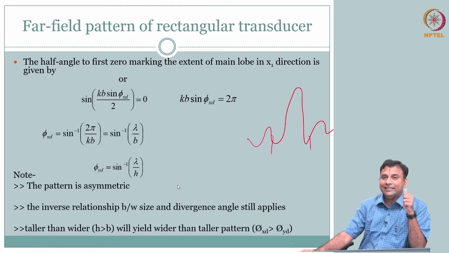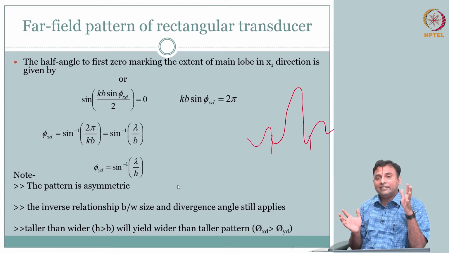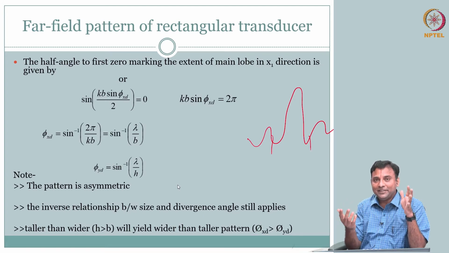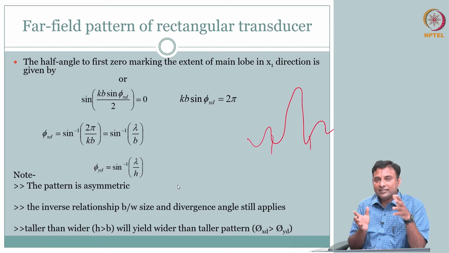Take home message is, if I want divergence to be less, I should have a large aperture, but is there a downside to it? Well, when we cover imaging, we will explicitly address that, but even before that, you should intuitively start to think, what is the disadvantage of having a large transducer?